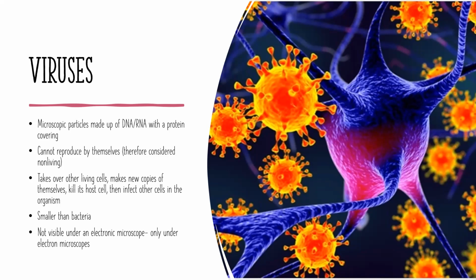When we are talking about the structure of the virus, yes, it is smaller than bacteria. We have already done that: bacteria come between the virus and the fungi. So yes, it is smaller than bacteria. Since we could not see bacteria under a light microscope, we cannot even see a virus under one. We need a specific kind of microscope, the electron microscope, through which we can see the specific functions, characteristics, and parts of a virus.